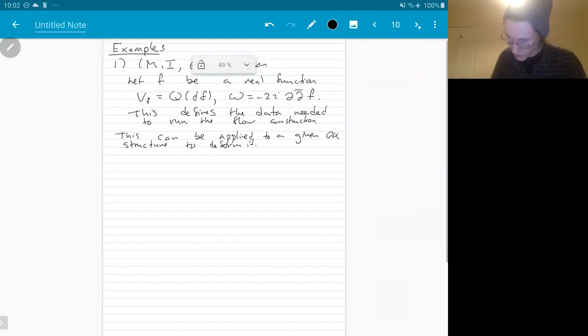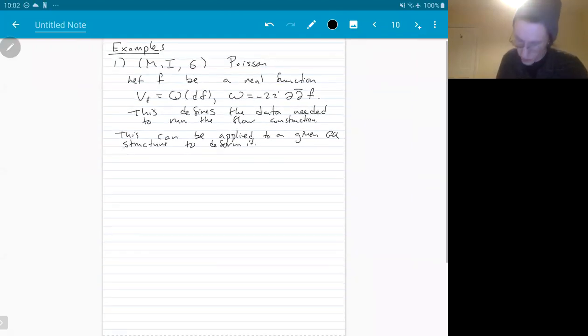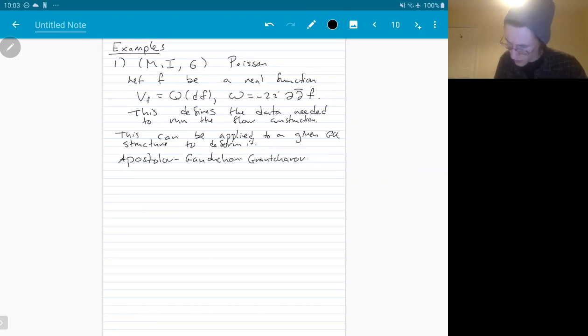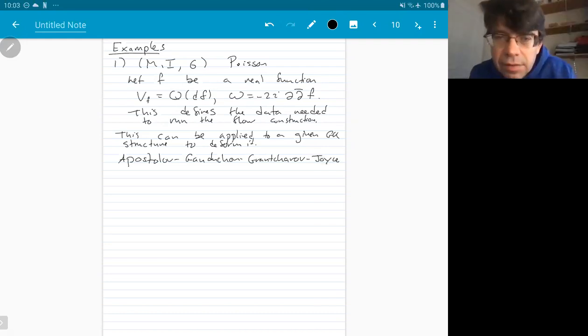I want to give a specific example of this, which I think is in a paper of Apostolov, Gauduchon, and Grantcharov. And from my understanding, it also came from a suggestion of Dominic Joyce. I don't know, is that correct? Yes, it's correct.